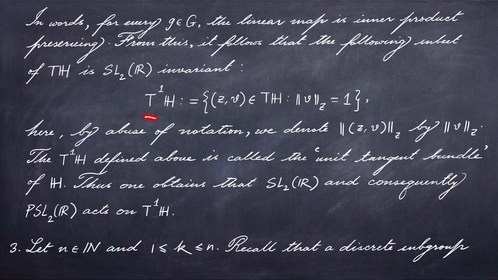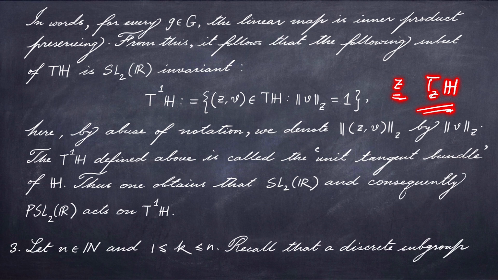So let me again repeat: corresponding to every z, we have collected all the unit vectors in the tangent space, that is, for each z all the vectors in the tangent space having unit norm, okay.